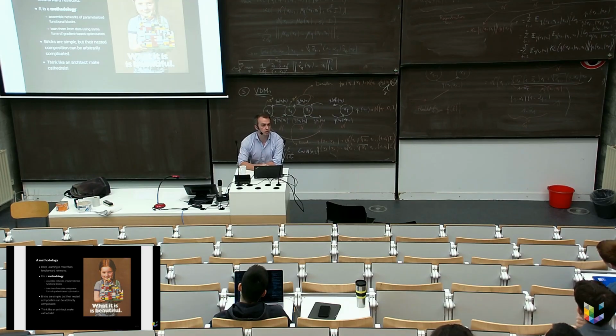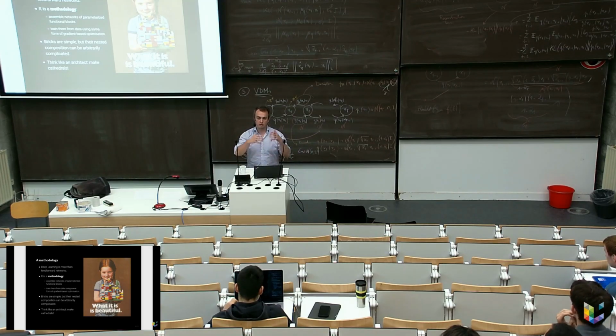Exactly as when you design a big piece of software, you do that by defining basic components. You may start from the bottom and then combine everything, or you have a big design in your mind and then you instantiate everything from top to bottom.